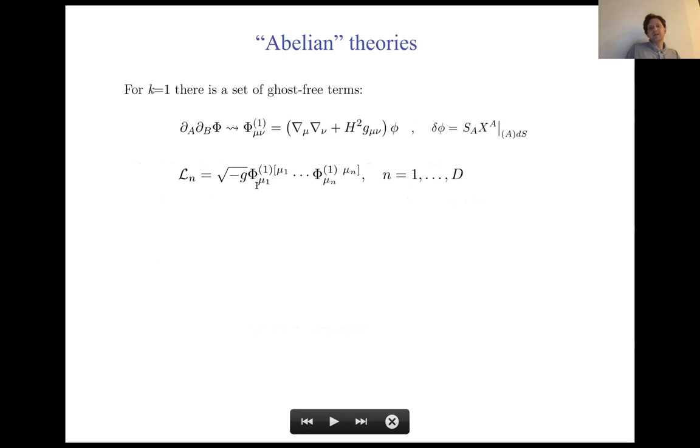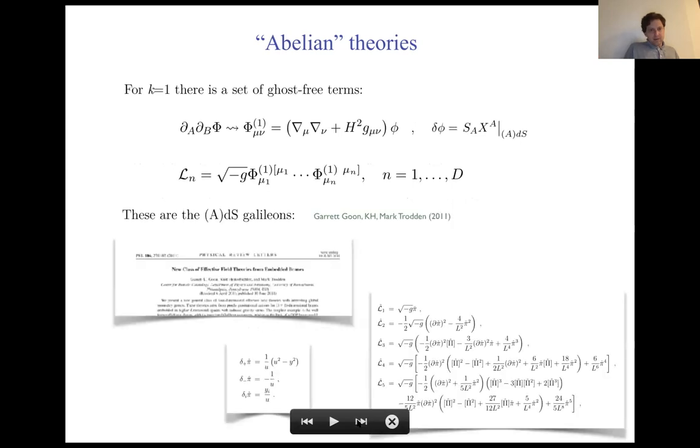So what happens is the leading order derivatives all get anti-symmetrized away, but that higher order h stuff survives and gives you a non-trivial Lagrangian. Okay, so these were known as the AdS Galileans. So we wrote them down a while ago from a completely different direction.